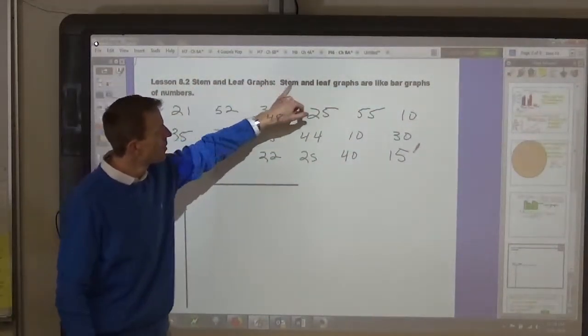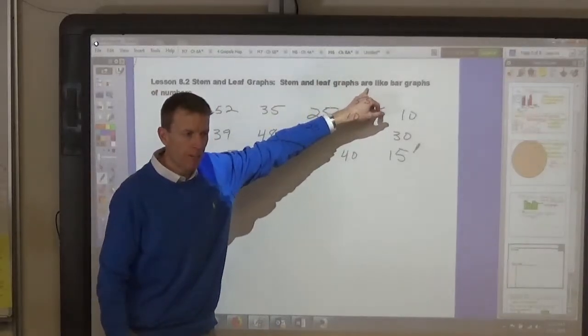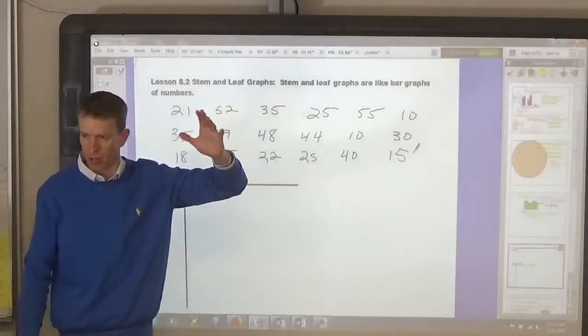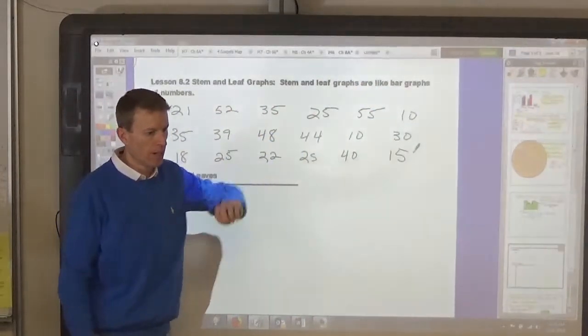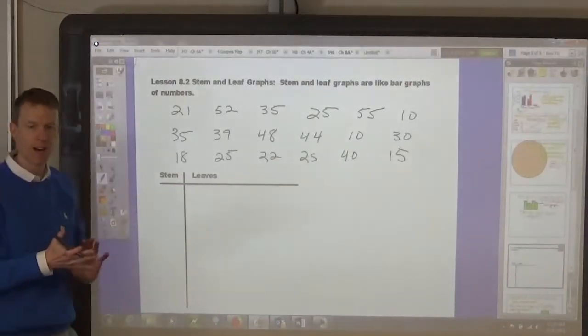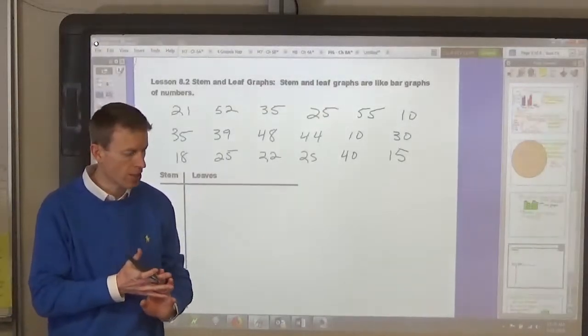Stem and leaf graphs are graphs that look like bar graphs, but instead of shaded bars, they have numbers. And you can use these numbers to help you find things like the mean, median, mode, and range.